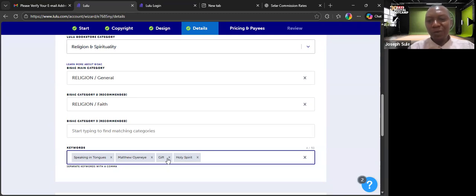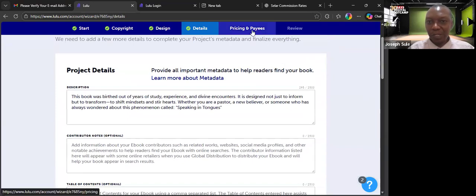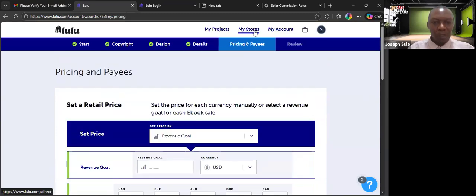And I can go on and go on till I have 50 keywords maximum. Lulu allows me to have as much as 50 keywords for my book. Okay. So again, details checked. I'm good for that. So I go to the next step, which is pricing.